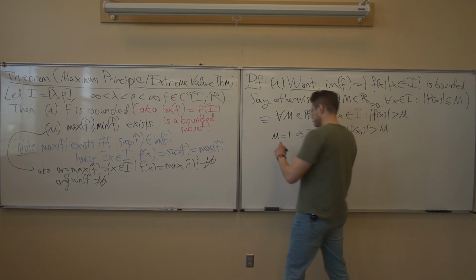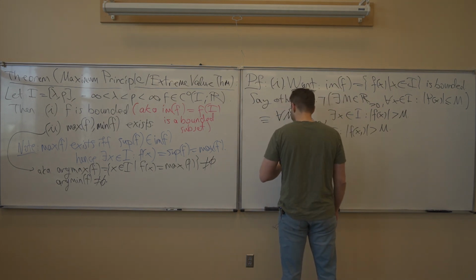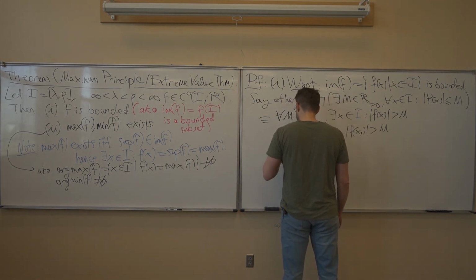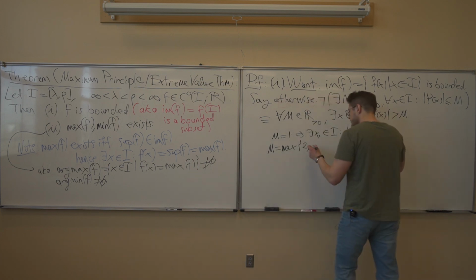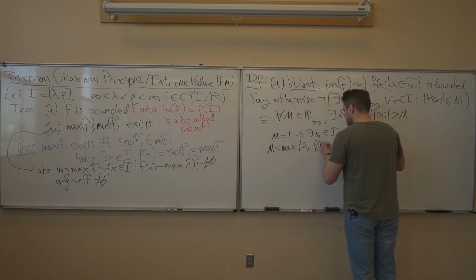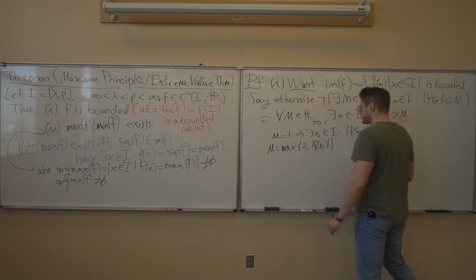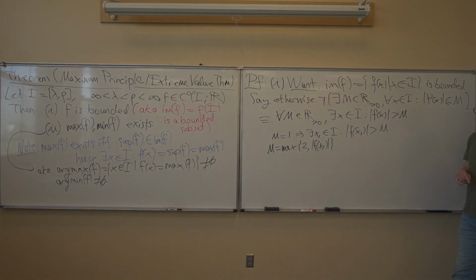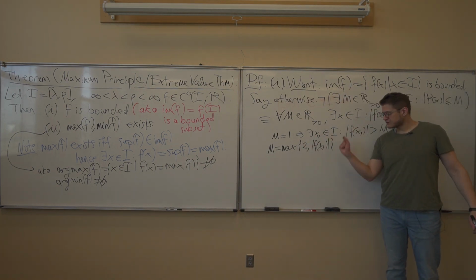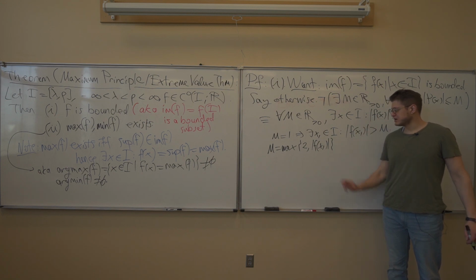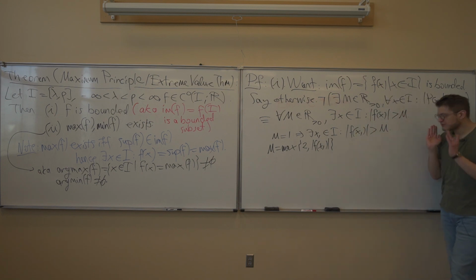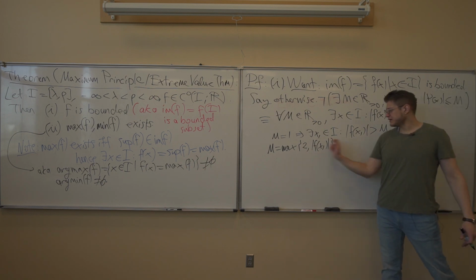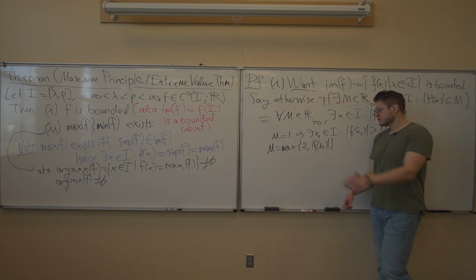So let's say now I take M to be the max of 2 and this value. Because x sub 1 is a fixed number in I, this is a fixed number. So I can take its max with 2.